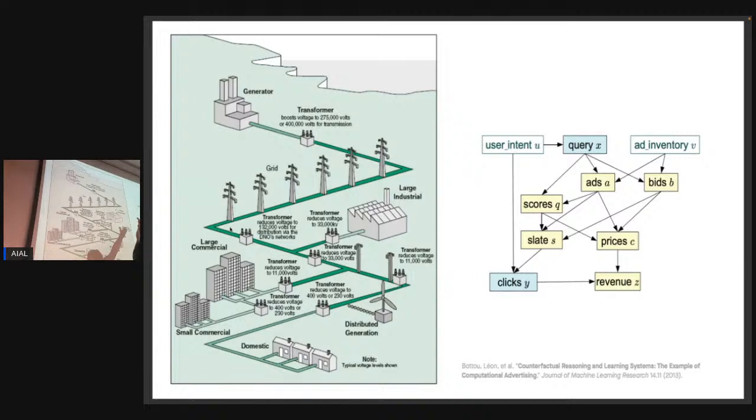So there is some user intent that produces the query. This is what you type in the search engine. Then a machine learning model produces some scores for the query, given the queries and the ads. And these scores essentially say how likely you are, given what you're searching for, to click on a specific ad. And then that produces the slate.